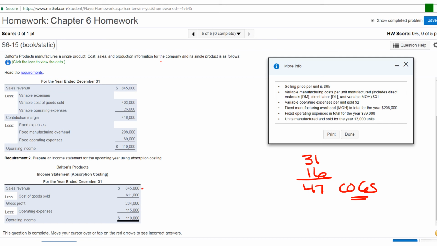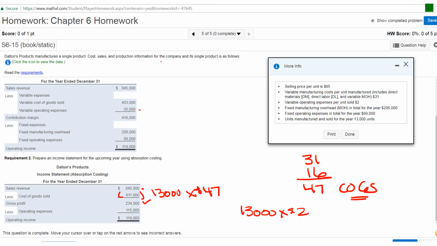So down here, notice your sales is still the same. Your cost of goods sold, you still have those 13,000 units. You're going to multiply that by the $47, which is essentially all of your product cost. That's going to be the 611,000. You would subtract that to get your gross profit. And then, of course, your period expenses would be the variable operating, which is 13,000 times the 2.